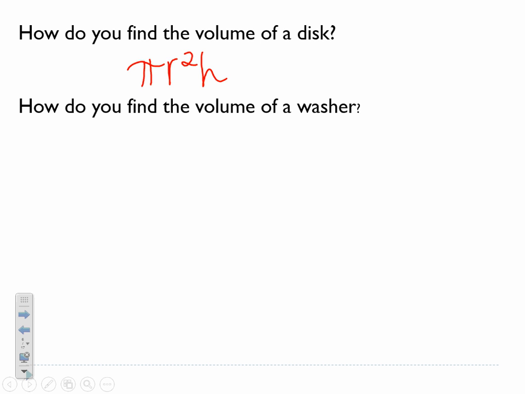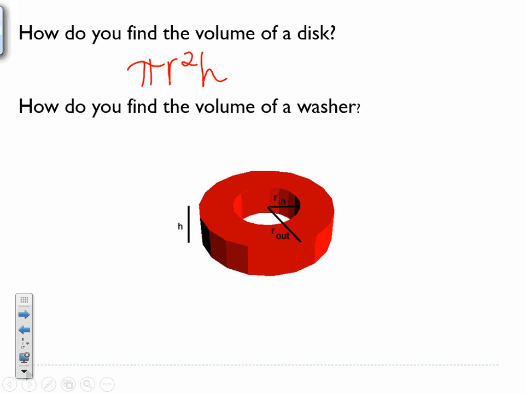Now, what if we have a washer? We're going to have to take the volume of the disk and subtract out the volume of the hole, the disk in the middle, correct?